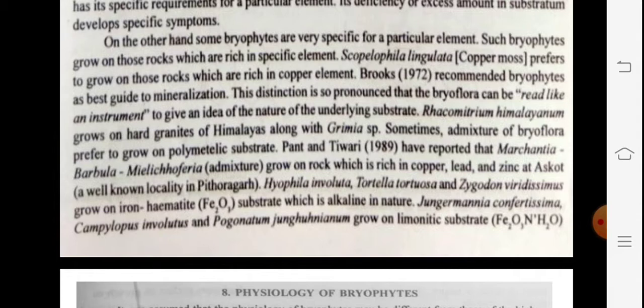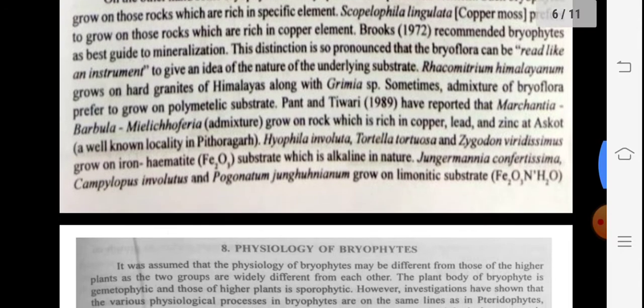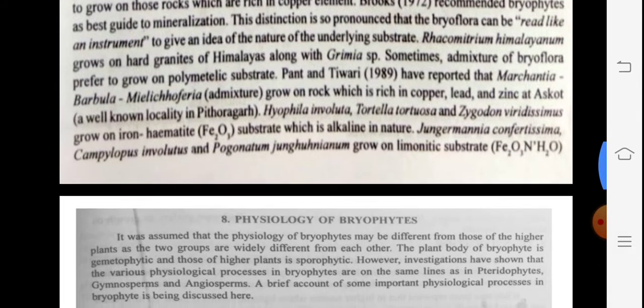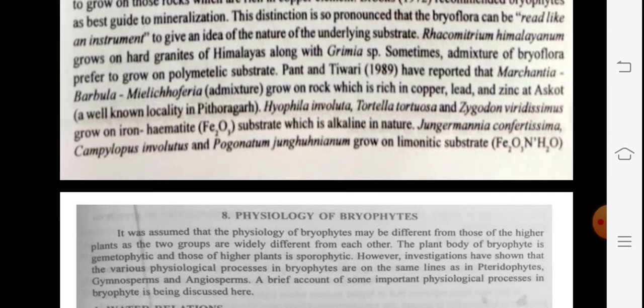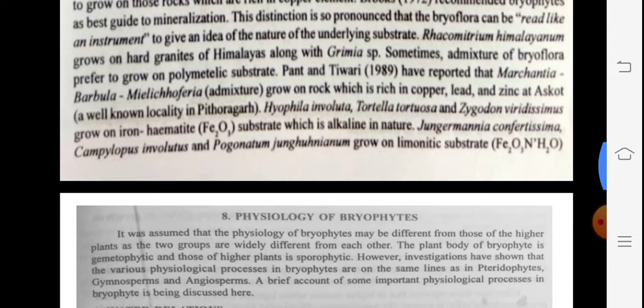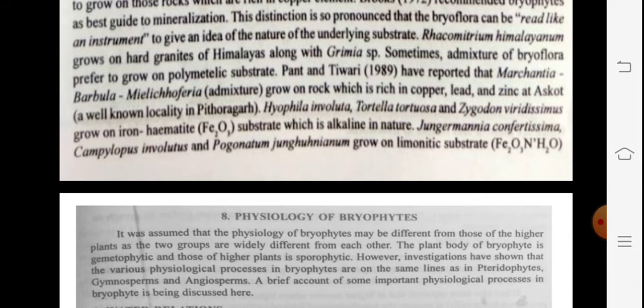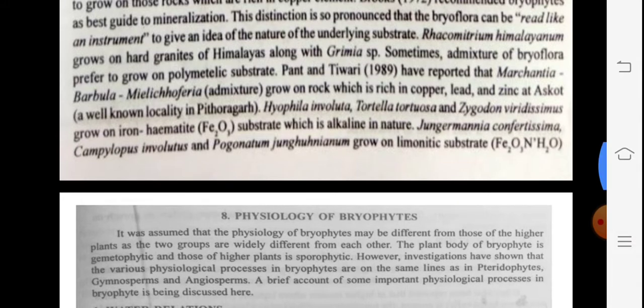Then some mosses like Racomitrium grow on hard granite in the Himalayan region, with Grimmia moss, and there is a mixture of bryoflora which grows on polymetallic substrate. Polymetallic means many metallic conditions are present.